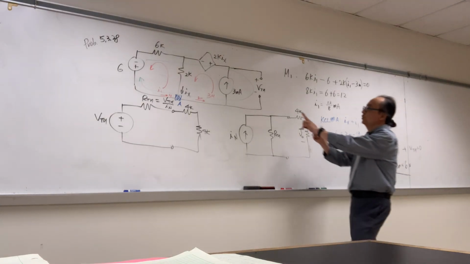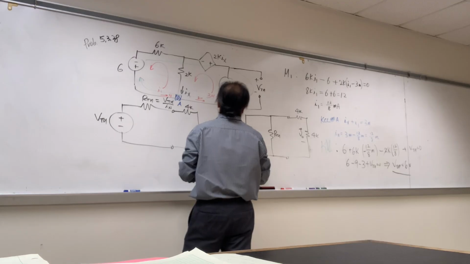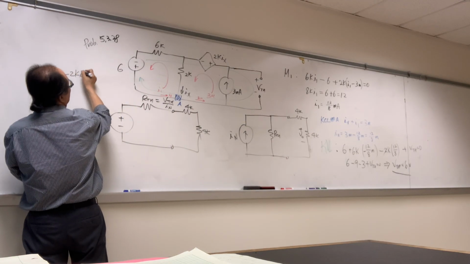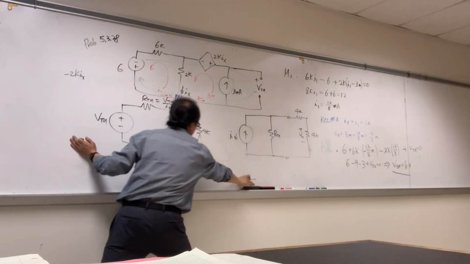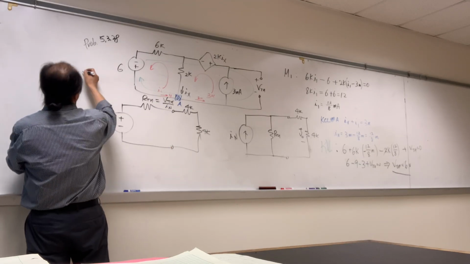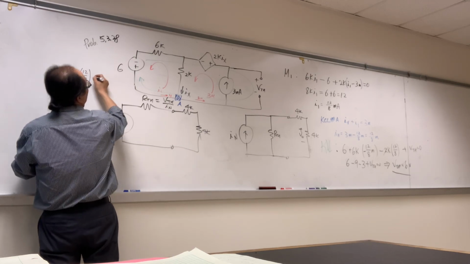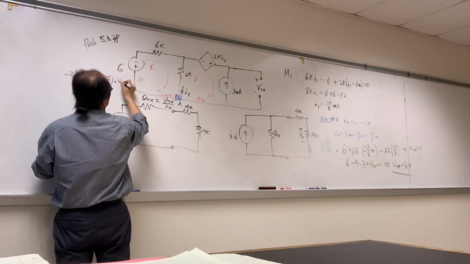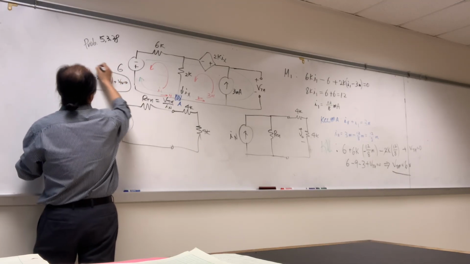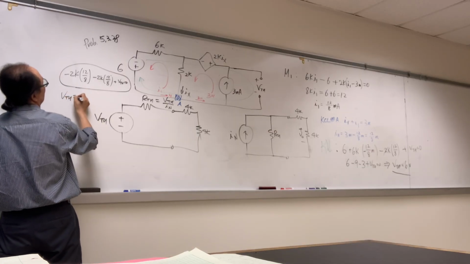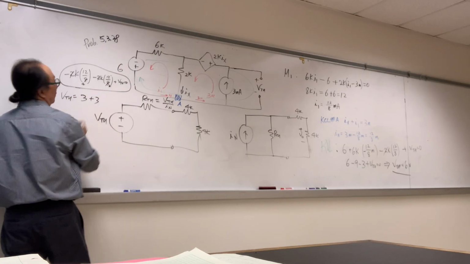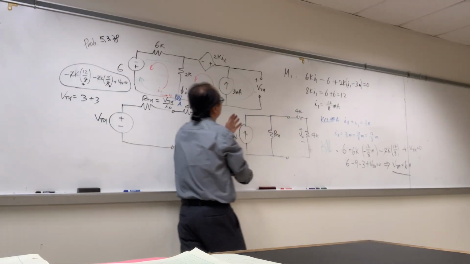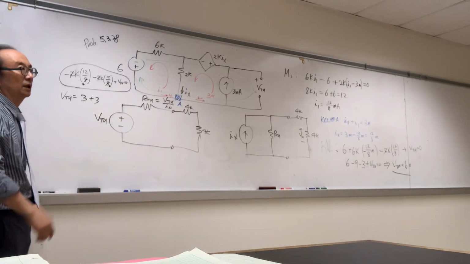And if we switch these two, and do KVL in the middle, then it's negative 2K I of x, we know I of x, plus VTH equals 0, and VTH equals 3 plus 3. Same thing. There are two parallel branches, so we can switch that and do the KVL. We got the same answer.